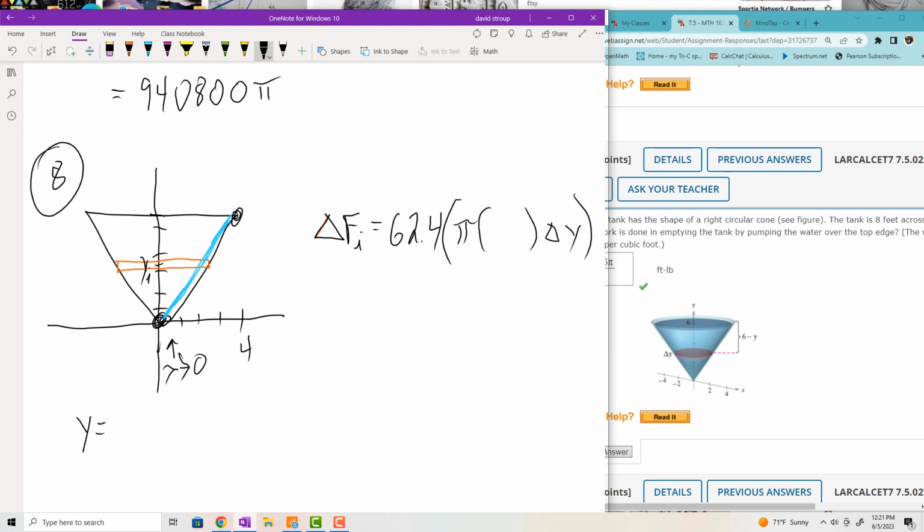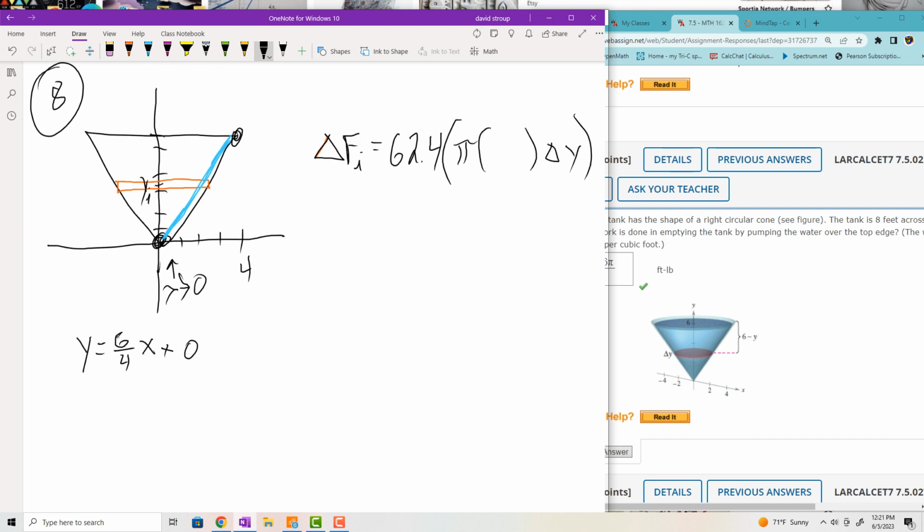So the slope is up 6 over 4 times x plus the y-intercept, which is 0. Rewriting that a little bit, y equals 3/2 x. Then for our orientation, we want it in terms of y, so I'll multiply both sides by 2/3. That gives me the formula for the radius. So that's what's going in our force increment formula.